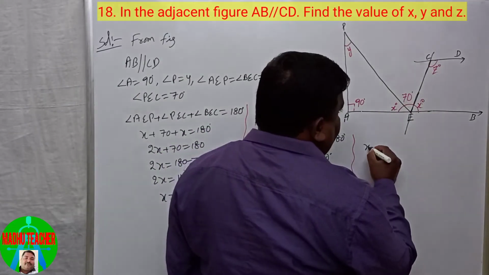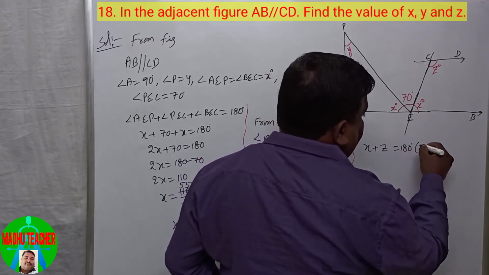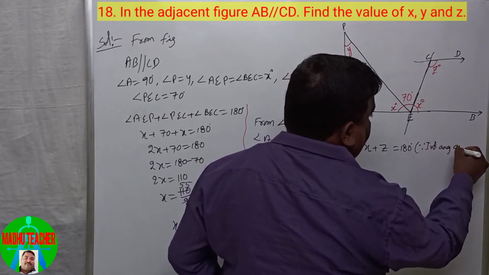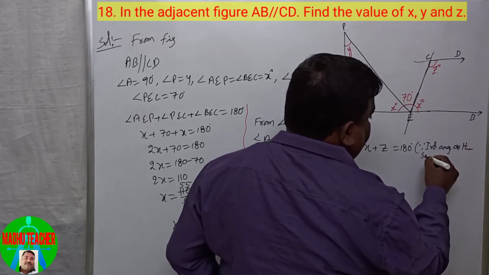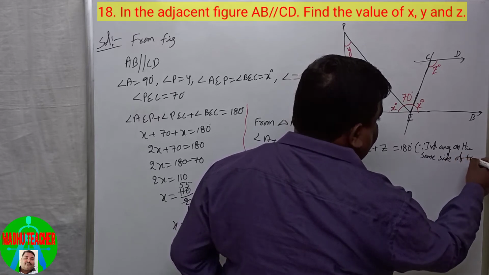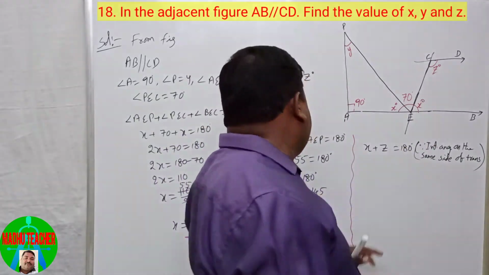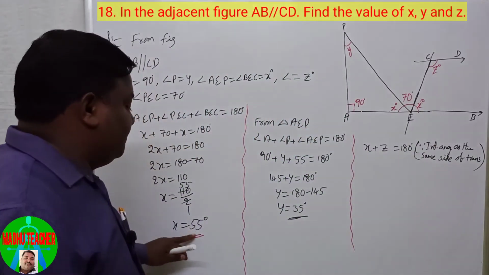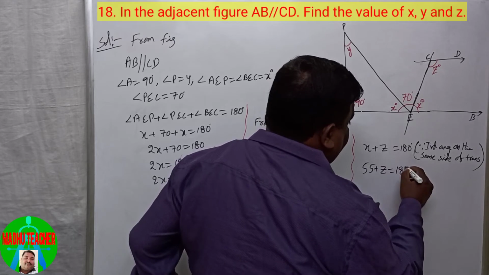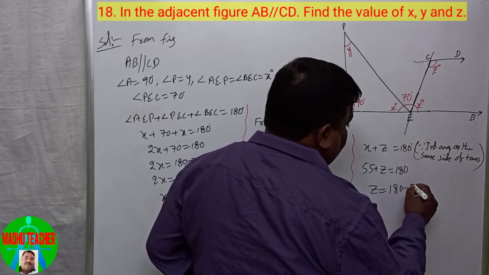So x plus z equal to 180 degrees, since interior angles on the same side of the transversal are supplementary. x is 55 degrees, so 55 plus z equal to 180. z equal to 180 minus 55.